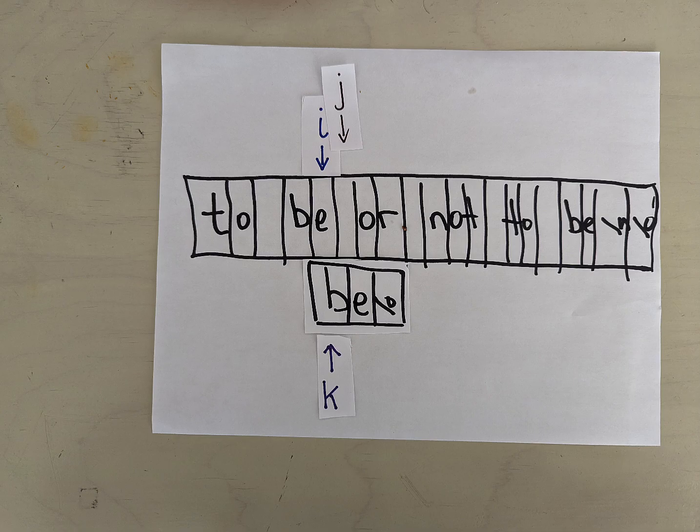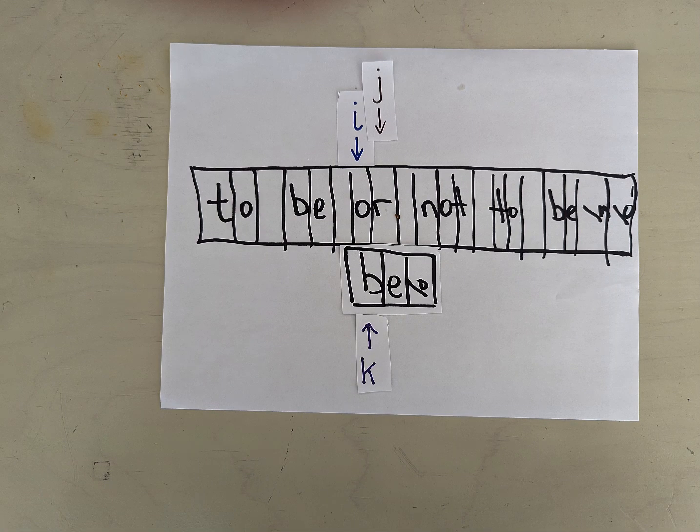So the way we're going to do it is we're going to keep moving along until we get to the end of the main string. And we're just going to store a temporary value in our code for where the last or most recent instance was where B matched up, or the pattern that we were looking for matched up. In this instance it is B.